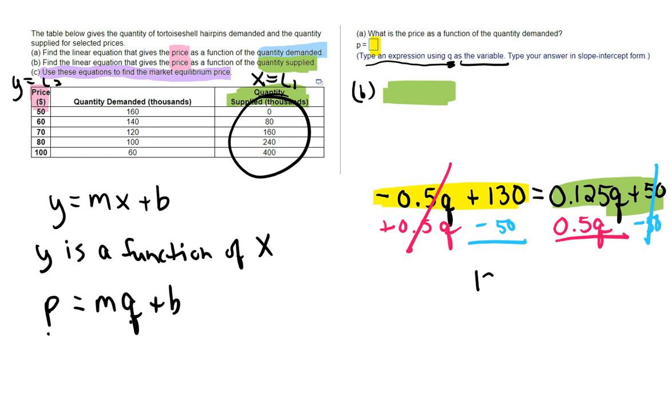And I get 120 is equal to 0.625 Q. So Q is going to equal 120 divided by 0.625. That gives me 192. I don't remember getting that answer before.